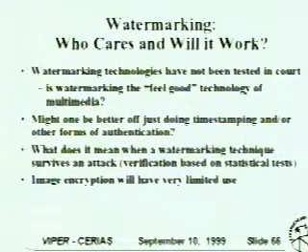In some applications, you might be better off just doing timestamping or other forms of authentication to protect your content. As a matter of fact, as I mentioned to you, I'm a big fan of that. I believe if you have content, you should timestamp it, okay? Now, the other question is, the watermarking testing techniques are based on statistical tests.